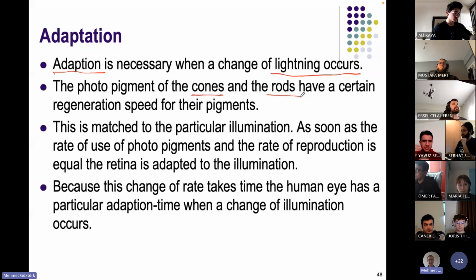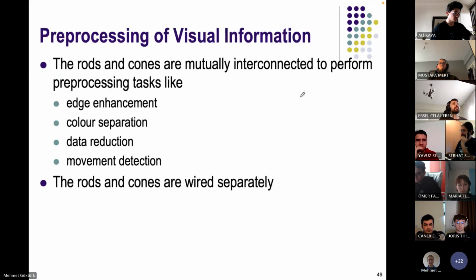It is like an automated gain control. This helps us to pre-process certain information. The pre-processing abilities in the eye, not in the brain, are as follows: edge enhancement, color separation. I have talked about it briefly last week. Data reduction, compression, and movement detection.